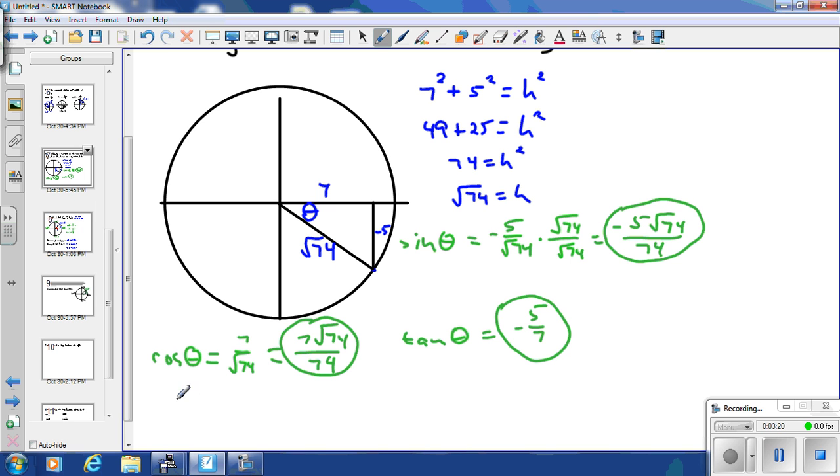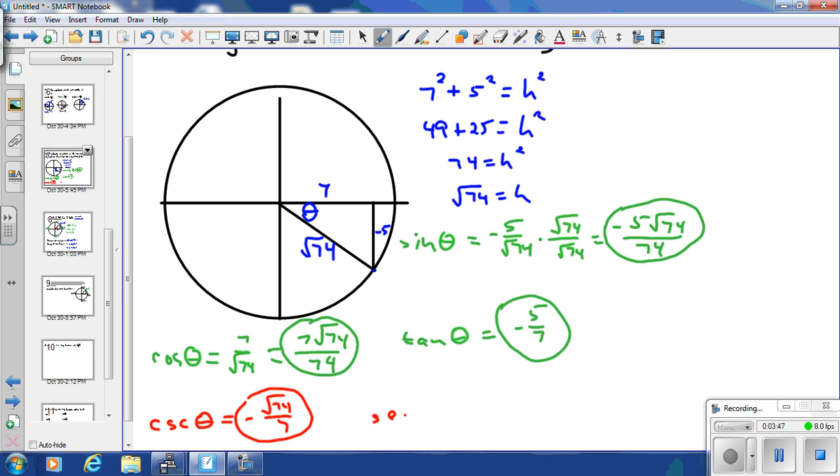No rationalizing needed. And now we'll do the inverse functions, and we'll do them in red. So we're going to do the cosecant. That's going to be the inverse of sine. So instead of inversing this, I'm going to inverse this thing. And it's going to become negative square root of 74 on top and 7 on the bottom, and I'm done.